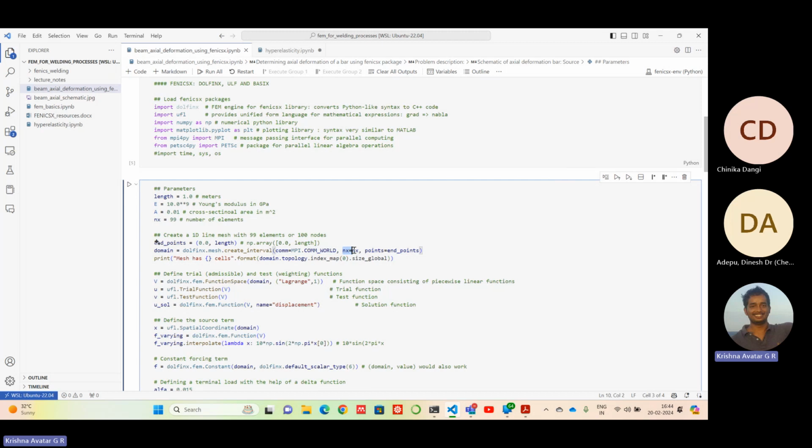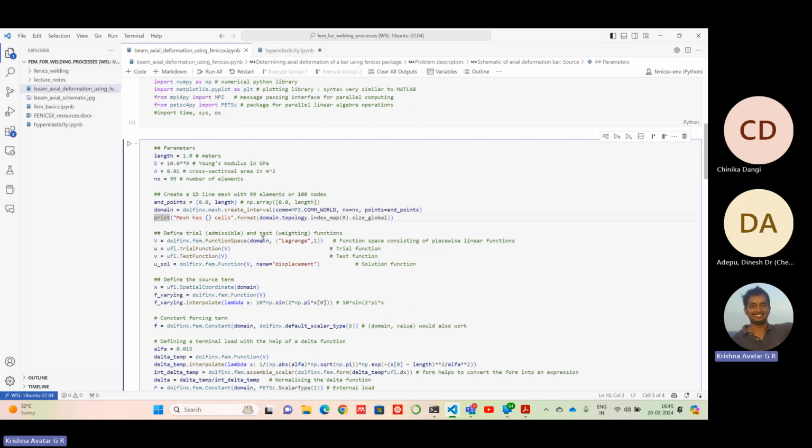Then we specify the number of elements that we would like and also the endpoints. So this function takes three arguments: the communication network, the number of elements, and the endpoints. Then I'm just printing how many cells it has. This is not required, but it's to check whether it really discretizes into the number of elements we asked for.